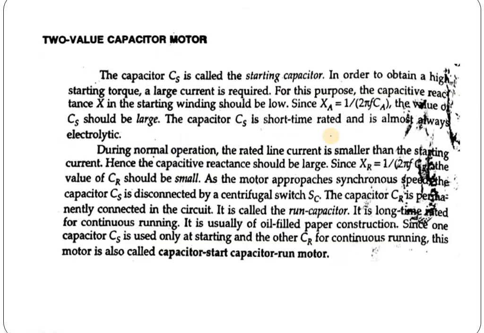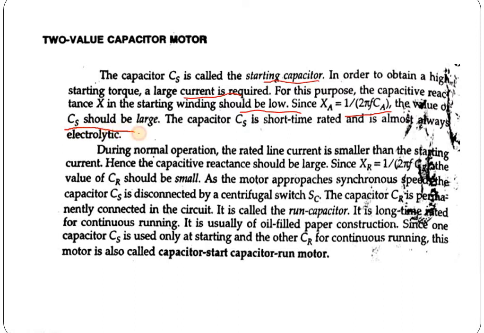Now see what will happen. The capacitor CS is called the starting capacitor. In order to obtain a high starting torque, a large current is required. For this purpose, the capacitive reactance Xc in the starting winding should be low. Since Xc equals 1 by 2 pi f C, the value of CS should be large.